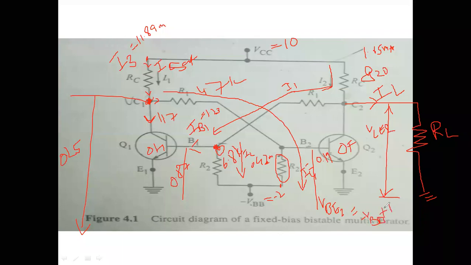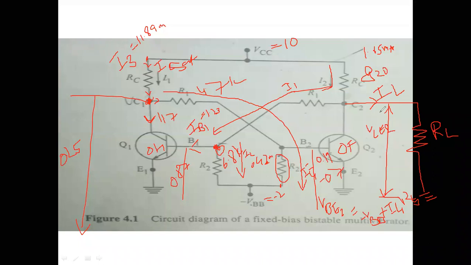This is an off transistor, so this voltage should be less than 0.6. If you substitute the values, you get minus 0.7, which is less than 0.6.